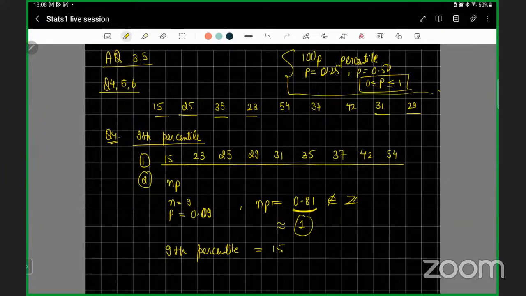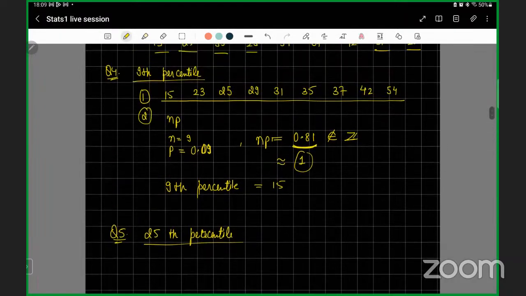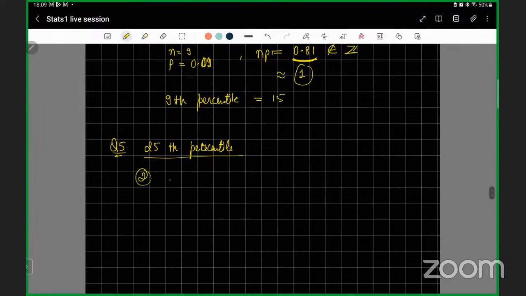So this was question number 4. Now, if you have to look for the 25th percentile, you'll do the same thing. Question number 5, find the 25th percentile. We have already arranged our data in ascending order. Now the second step is you do np. N is 9 and p is 0.25. Can you find np for me?